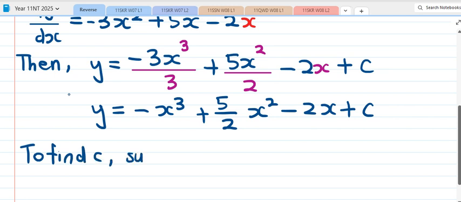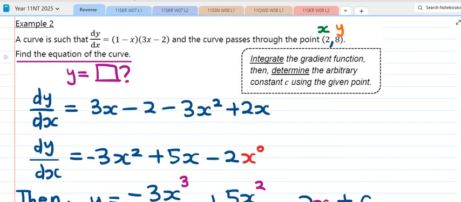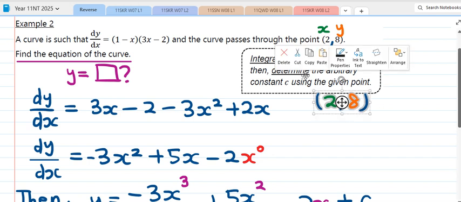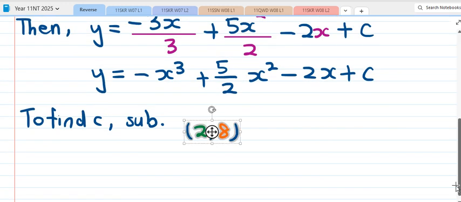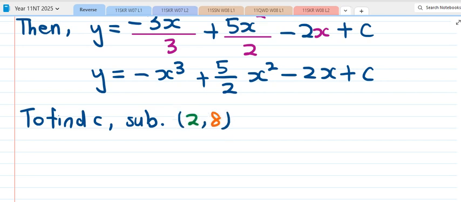So substitute. What coordinate do we have here? We have x equals 2 and y equals 8. So here, just put it here and move it to the question. Alright, so substitute 2 and 8 into the above equation. On the left side, y equals 8, equals negative x cubed.